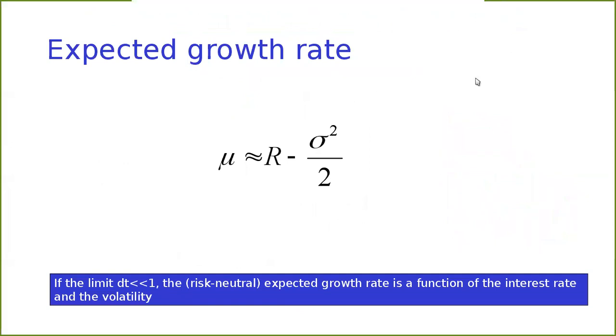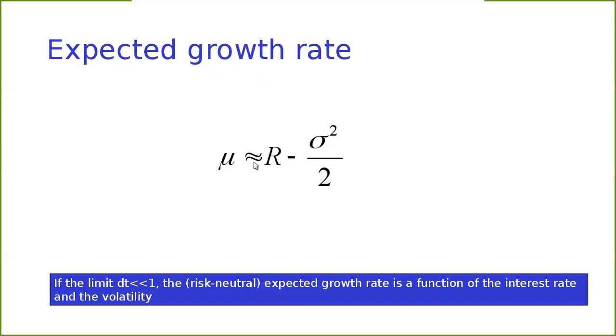And next, this fact we take without proof: if the limit of dt is taken to zero, the risk-neutral expected growth rate is a function of the interest rate and the volatility.